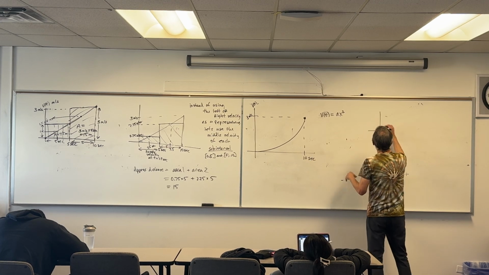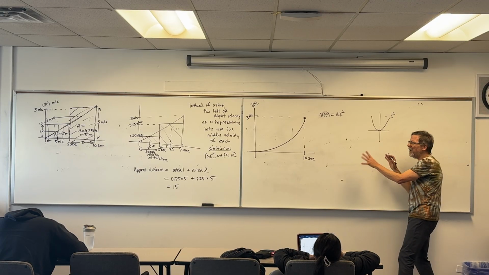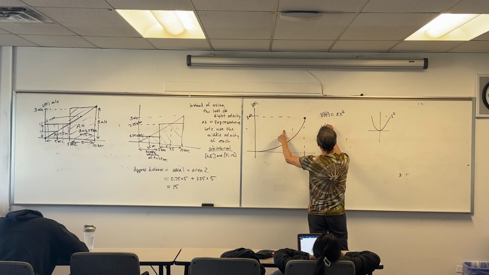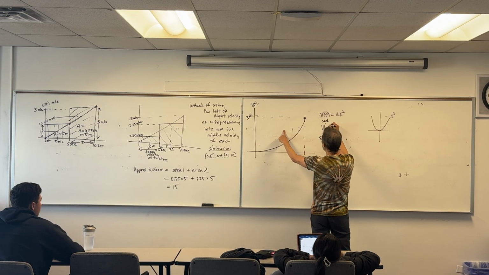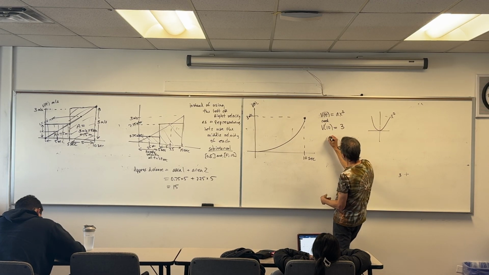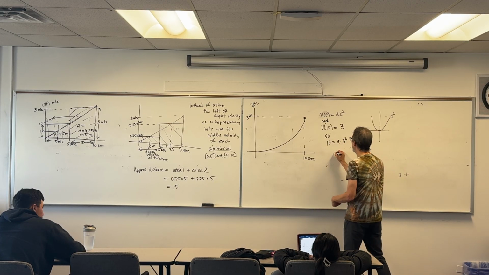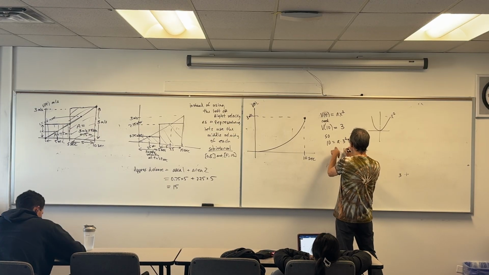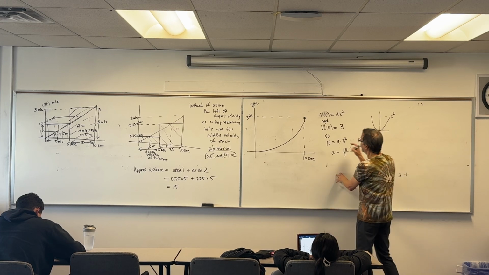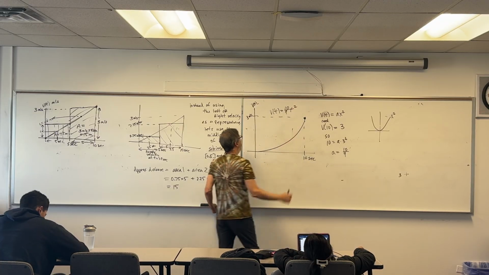It's basically your classic parabola, kind of scaled a little bit. But we can figure out what this number is by just knowing what we need at the end. I know that I need V of 10 to equal 3. So I'm going to plug that in and solve for A. So 10 equals A times 3 squared. In other words, A equals 10/9, which isn't very attractive, but it is what we have. So the velocity formula is 10/9 times t squared.